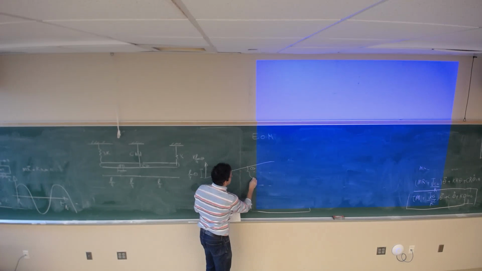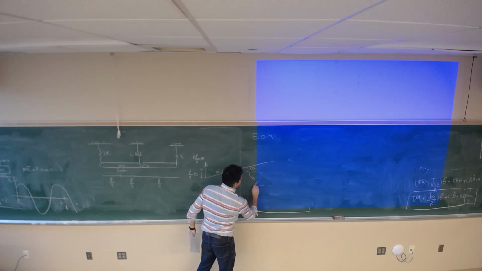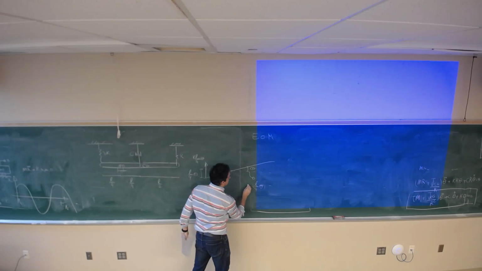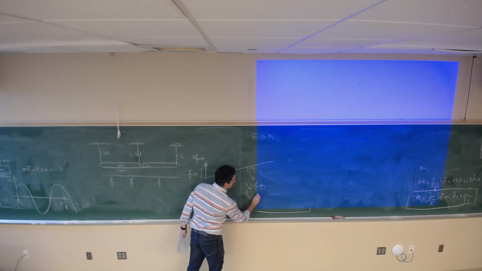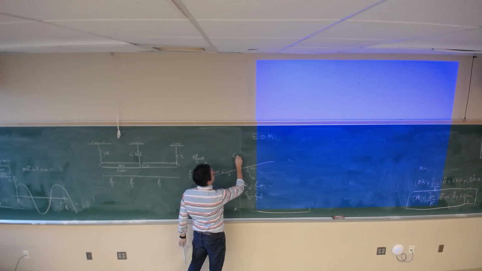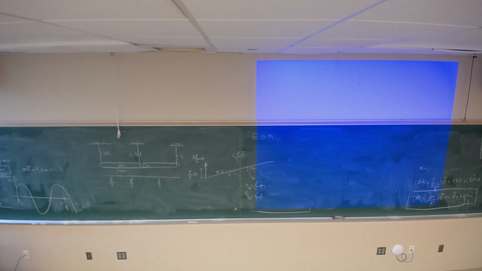So this distance is again L over 4 times theta. This is the x of the center of gravity. But we are looking for the velocity of that. So x dot of the center of gravity would be L over 4 theta dot. So C L over 4 theta dot. What should be the direction of the force? Should it go up or down?